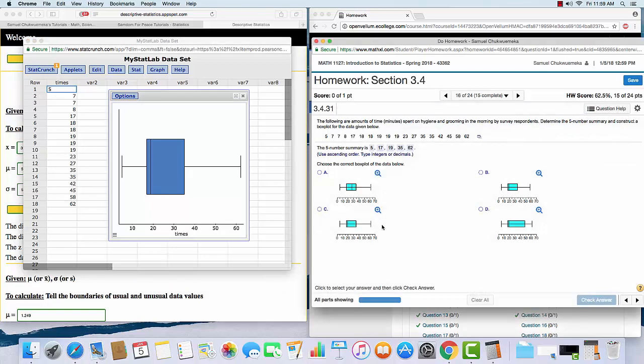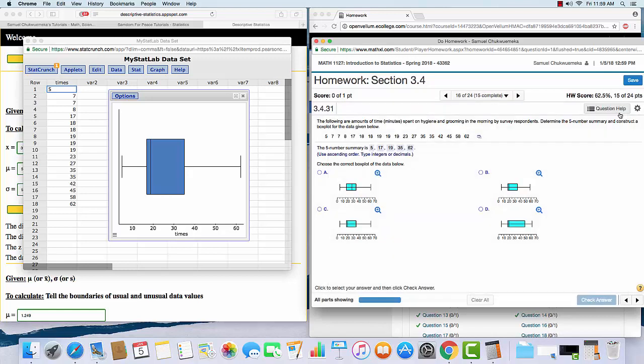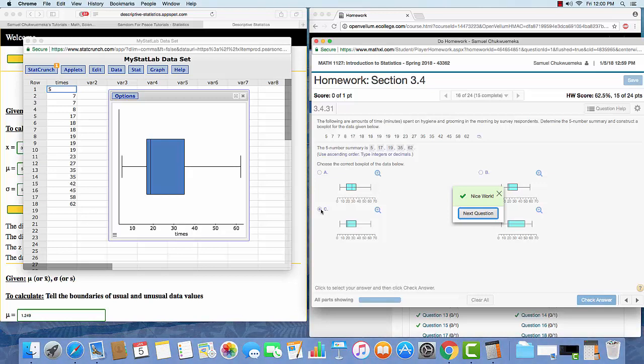Okay, let's look at C. Yeah, C is okay. So I will just say C, because you eliminate the rest, and C is the only one that is correct.